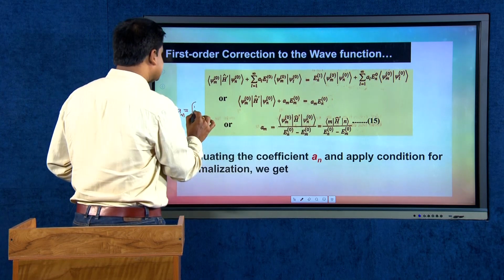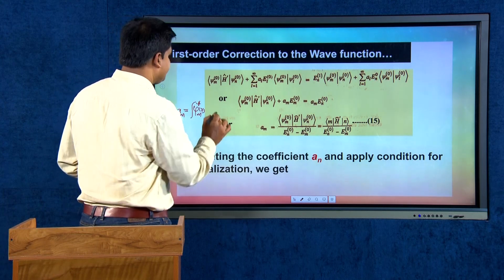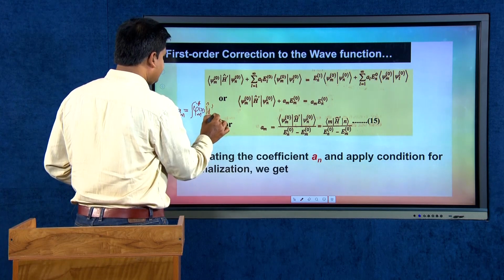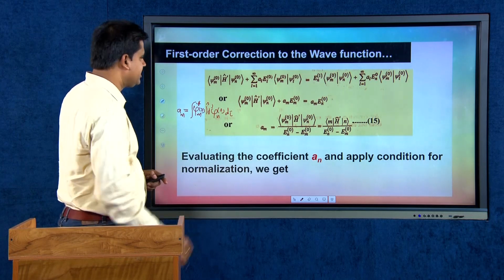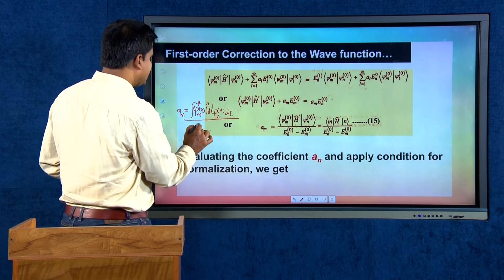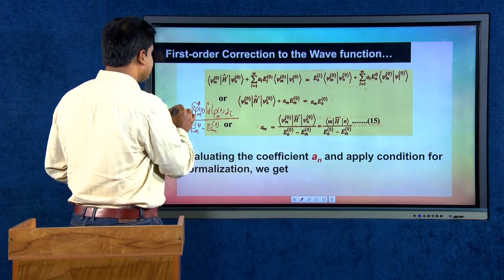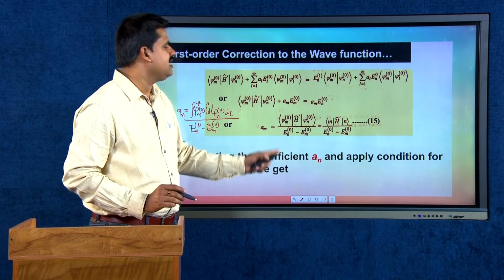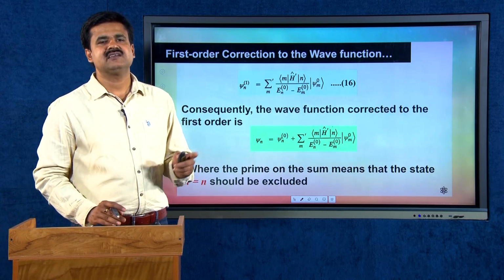This M is nothing but psi m 0 star h hat dash psi n 0 d tau, psi n 0 d tau divided by this term, that is En 0 minus Em 0. So, this about Am.